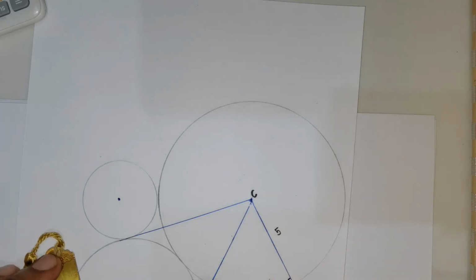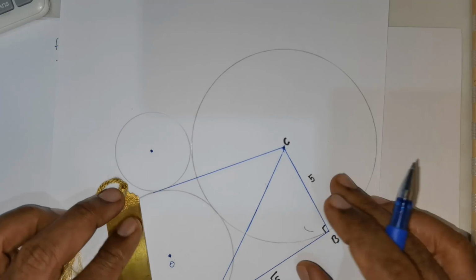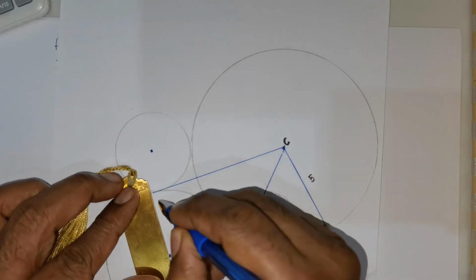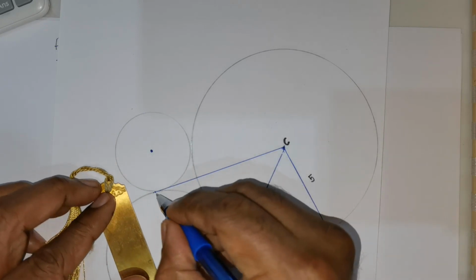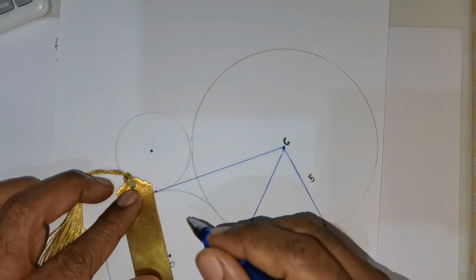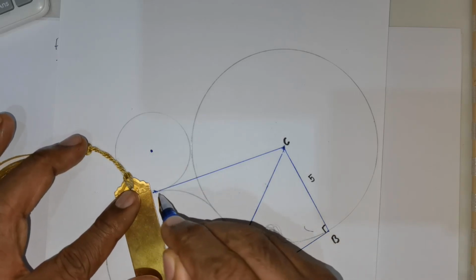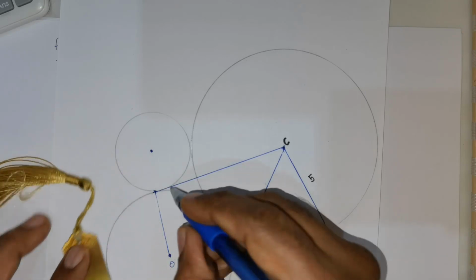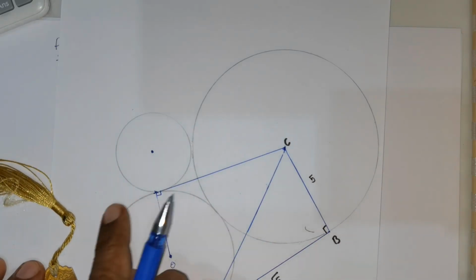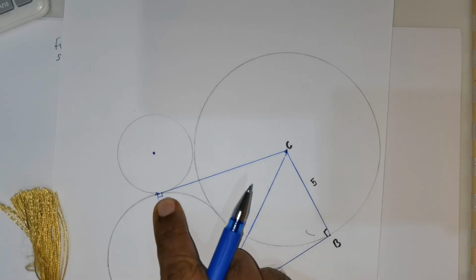If I take this as O, and draw a line from O to the point of contact, then by the tangent theorem, this would make an angle of 90 degrees with the tangent. So I have a 90-degree angle.